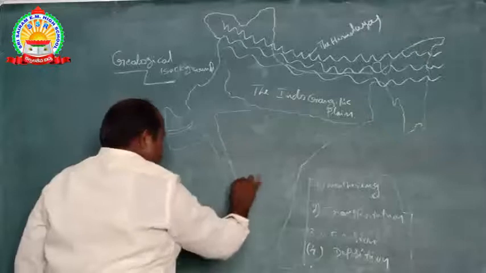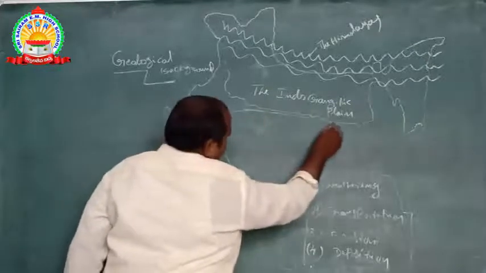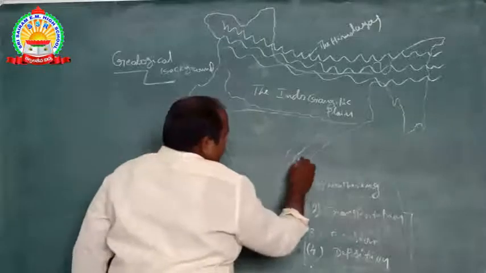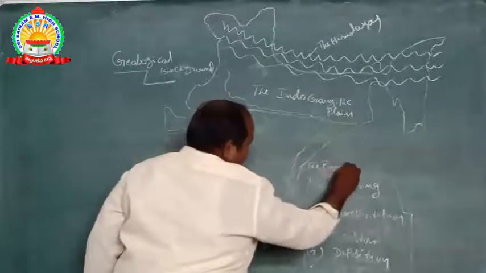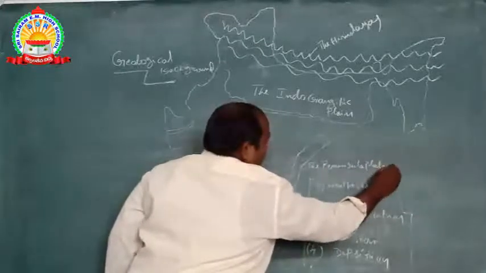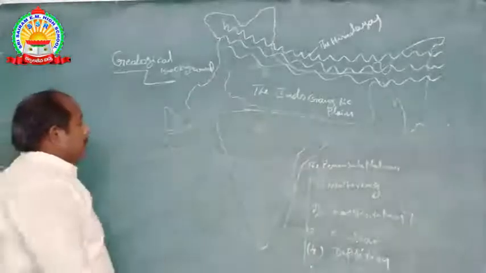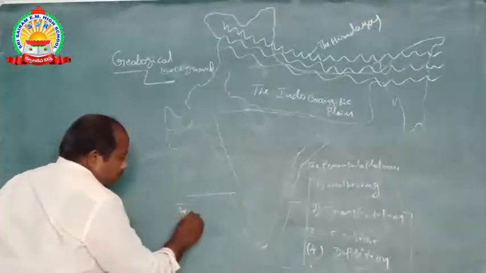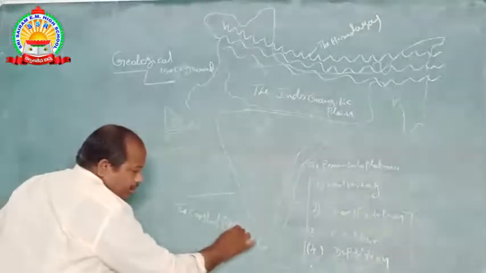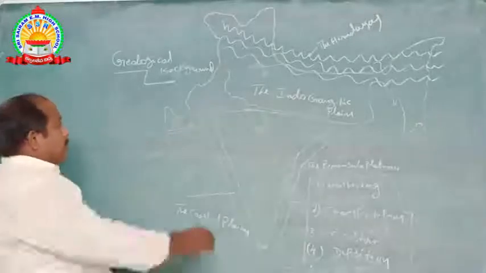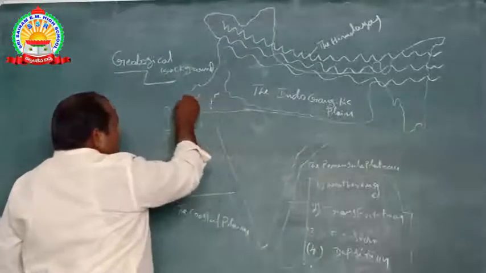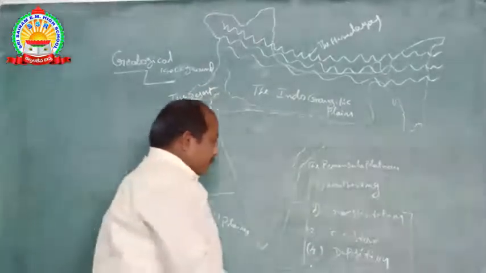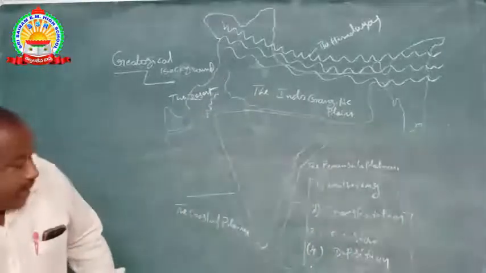The third one is the Peninsula Plateau, the fourth is the coastal plains, then the desert, and next the islands.